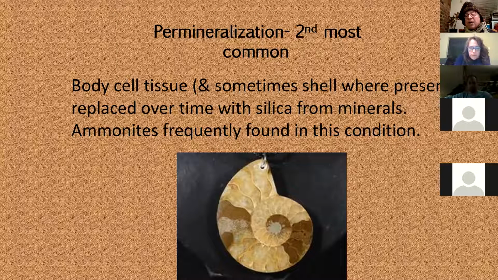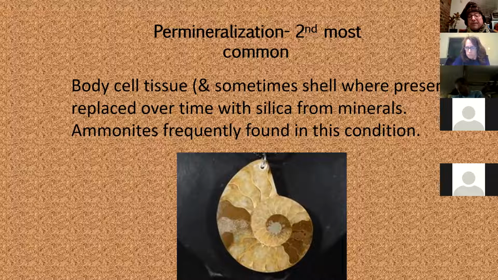There's some kind of a chemical reaction there where the cells remove silica from the minerals around them and turn it into what you see here in this ammonite that's been cut in half and made into a piece of jewelry. Ammonites, which is what this is, are frequently found in this condition. It's got that kind of pearly look to it, and that is because that is silica.